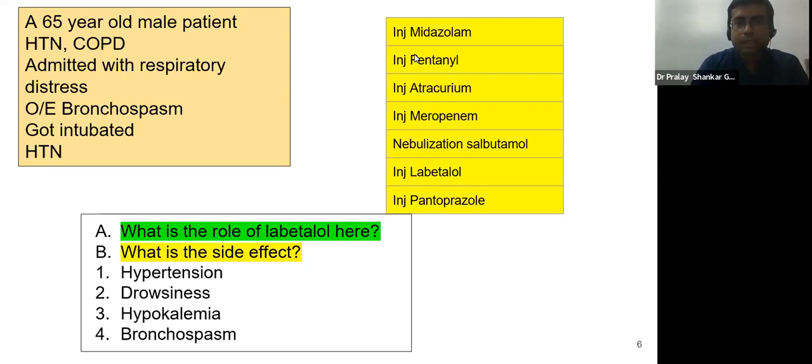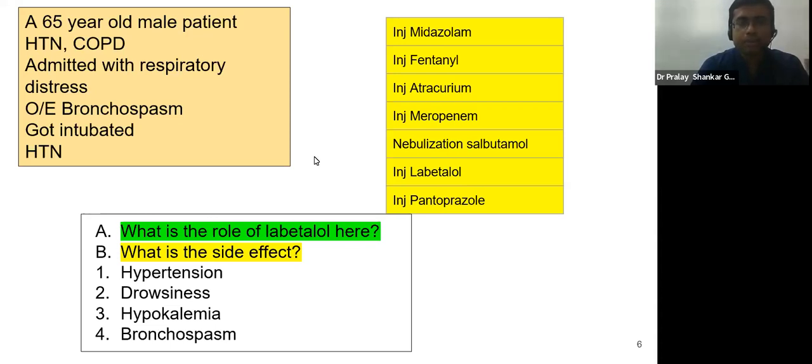So I see that most of you answered bronchospasm. Yes. So the side effect of beta blockers, and labetalol is a beta blocker drug, is bronchospasm. So probably use of labetalol in our patient who is having COPD and active bronchospasm is not the right choice in this situation. Thank you so much.